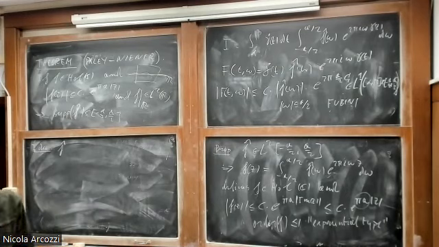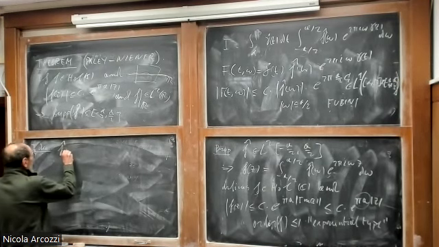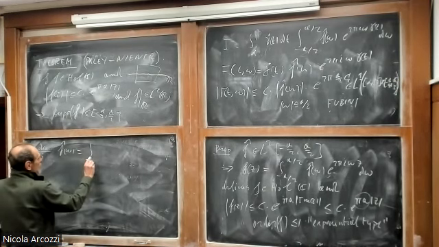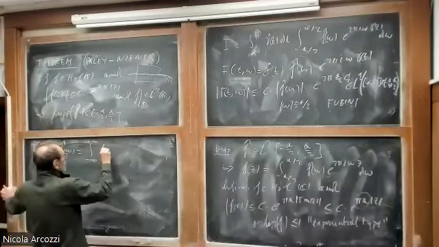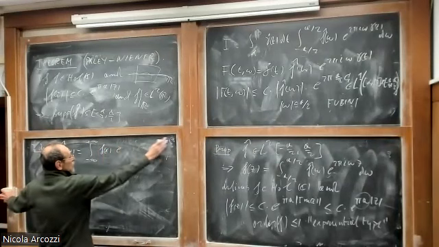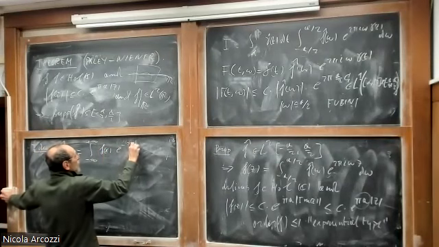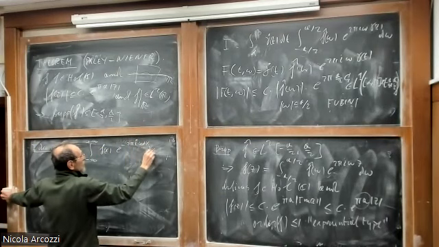Well, we don't know. Okay. So f hat of omega is the integral from minus infinity to infinity of f of x e to the minus 2 pi i omega x dx.